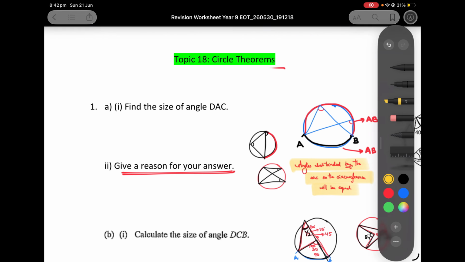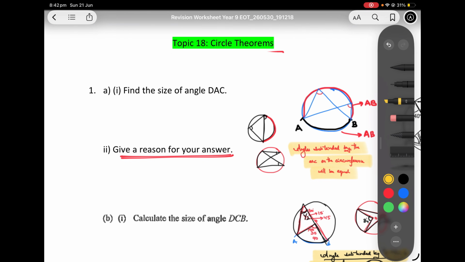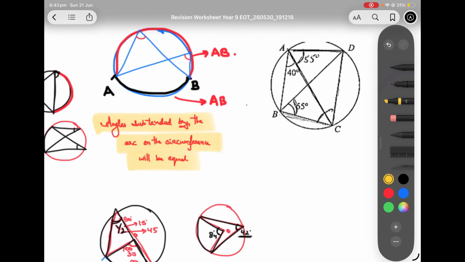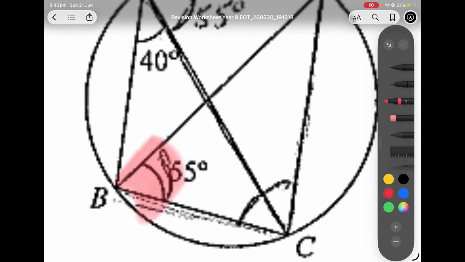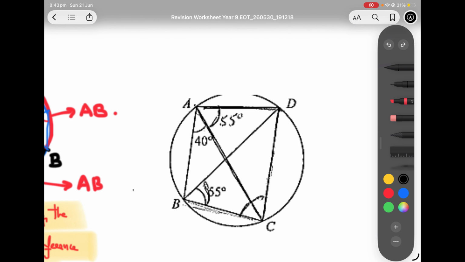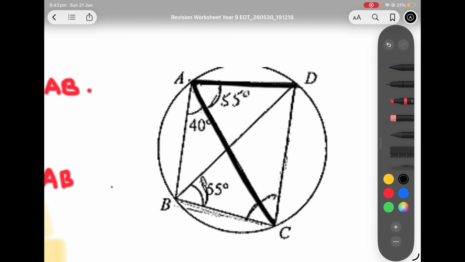Now, find the size of the angle DAC is what they're asking me to find. Here is the diagram that is given to me, and they have already given me that this is 55 degrees.